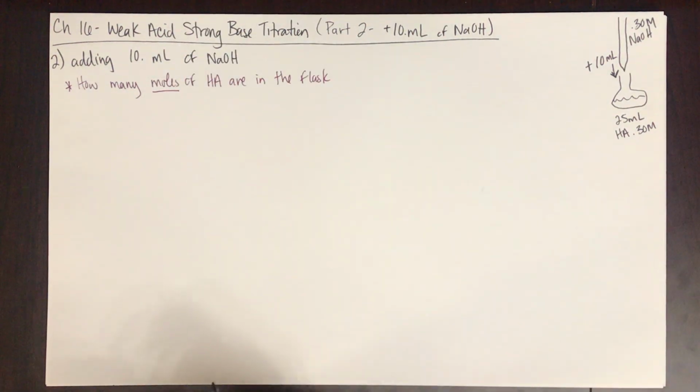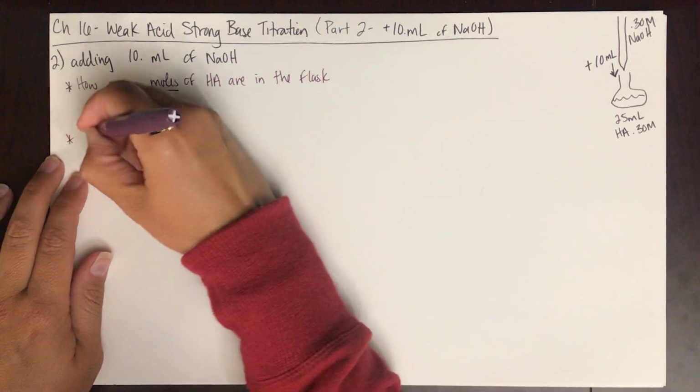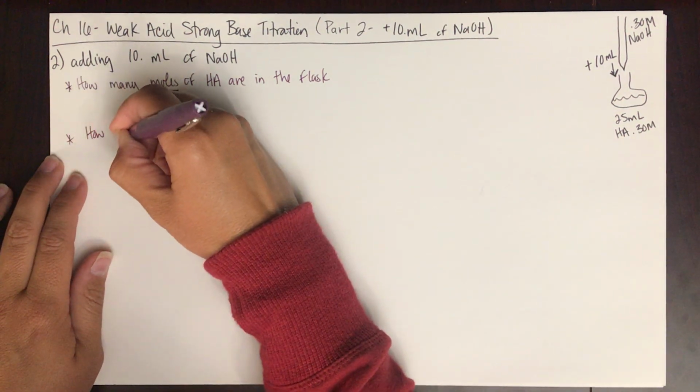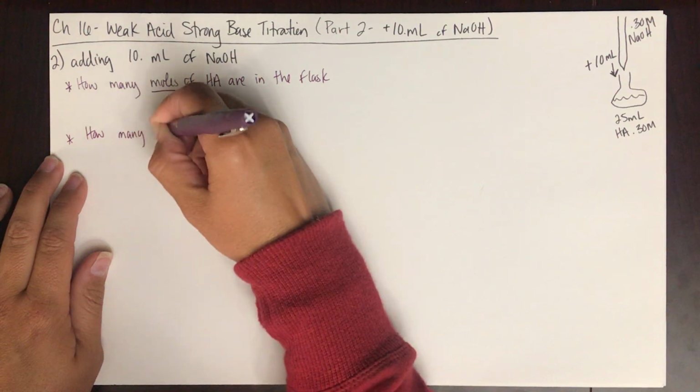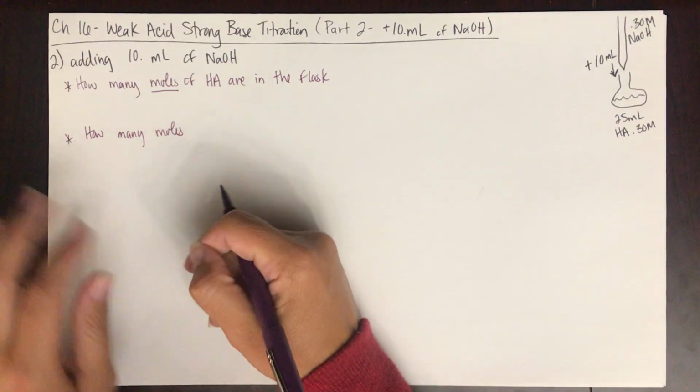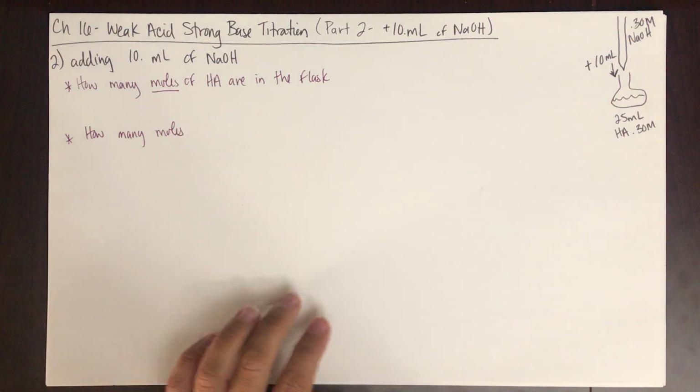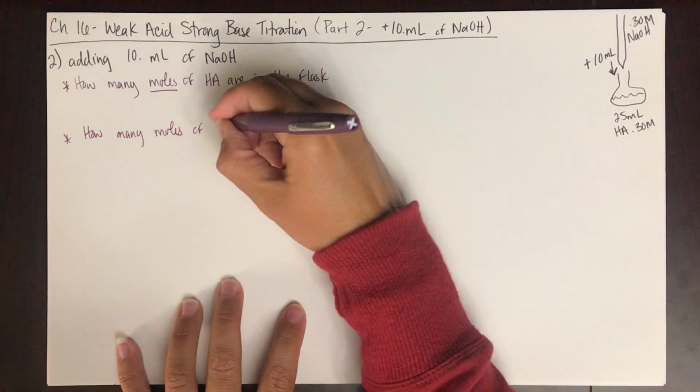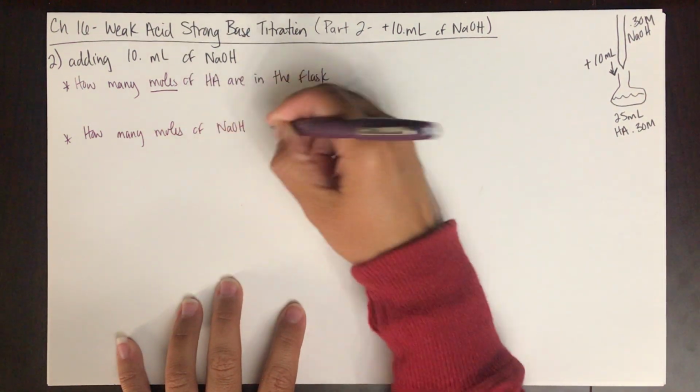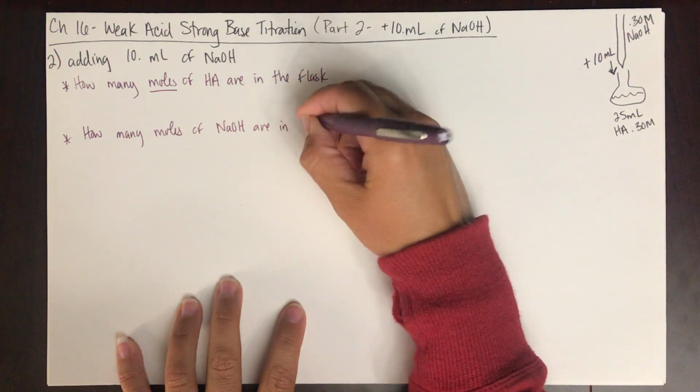Moles, not molarity, and I'll tell you why in a second. Next, I'm going to determine how many moles of base, how many moles of sodium hydroxide, are in the flask.